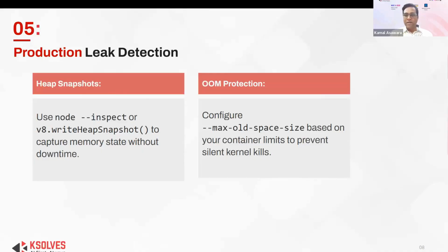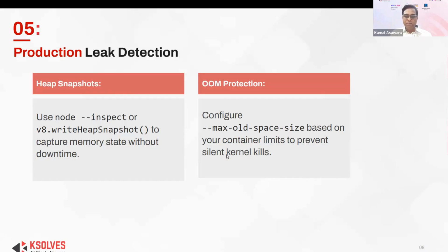It will create a snapshot for you, and you will see two columns: the actual memory, what should be consumed, and what it is actually consuming. If you see a big difference, that line is where your memory leak is happening. So you should use that.